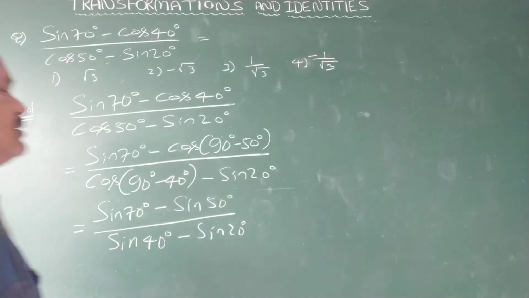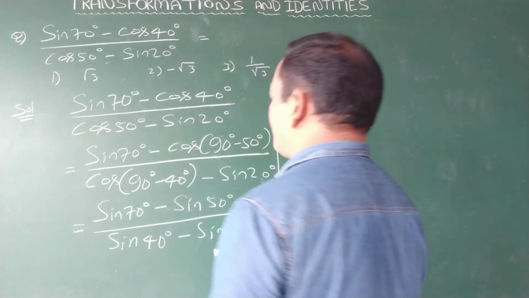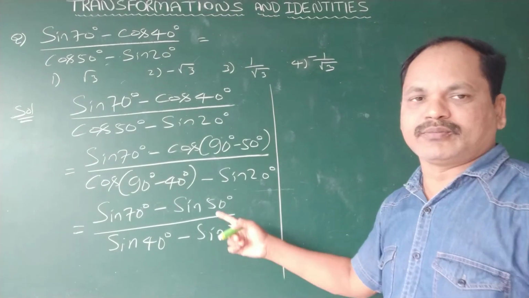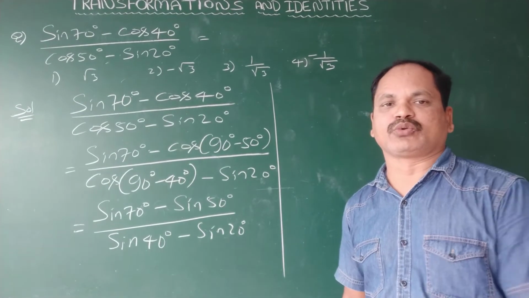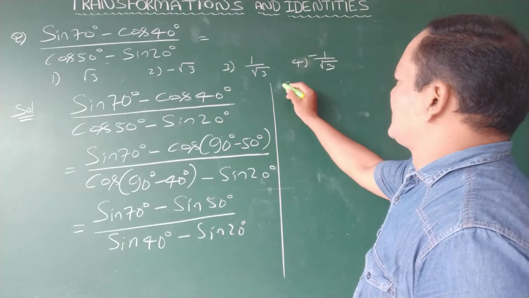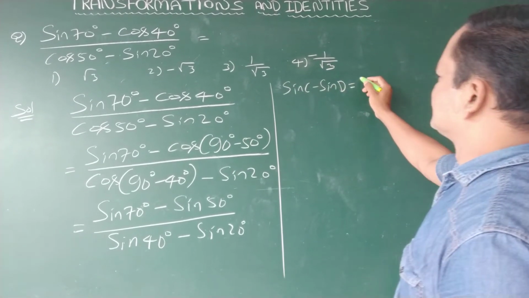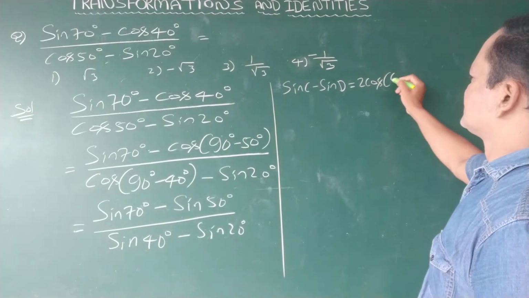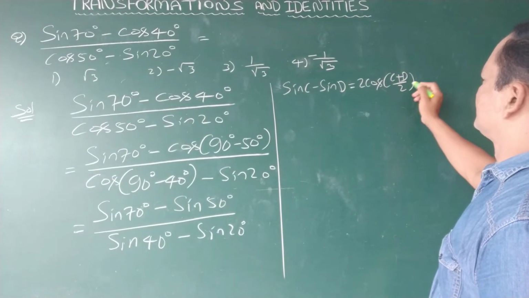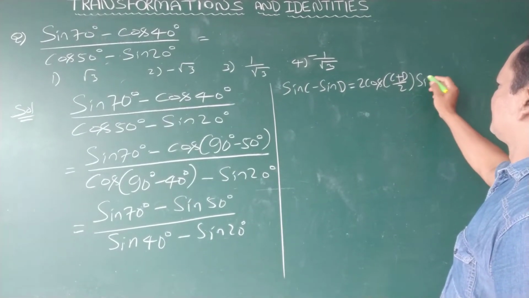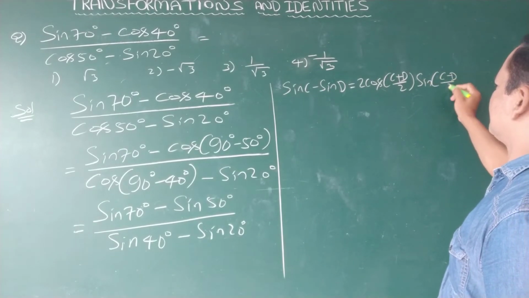Now these are in the form of sin C minus sin D. In both the numerator and denominator we have to apply the formula sin C minus sin D, that is 2 cos (C plus D)/2 into sin (C minus D)/2.